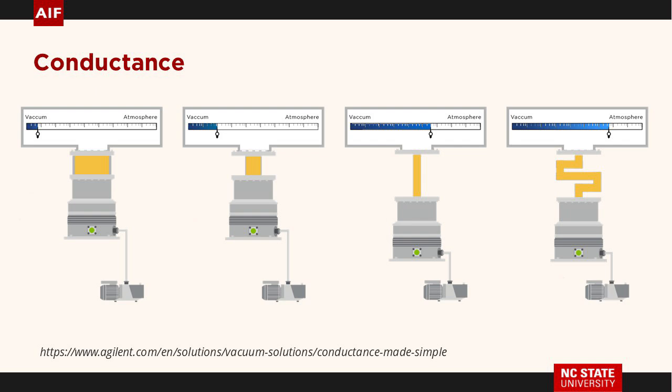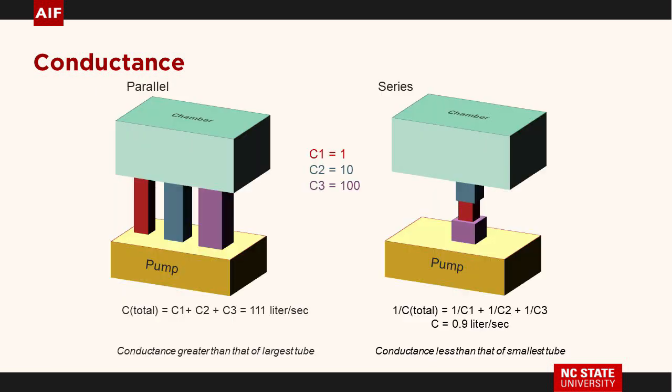So if you're putting your system together, you want to look for short runs from your forepump to the rest of your chambers. If you've done electronics and looked at resistors in series or parallel, it's something similar. Conductance for these three in parallel is greater than the largest tube. In series, it's poor. Once again, you don't want a really tiny little tube to pump out a big chamber.